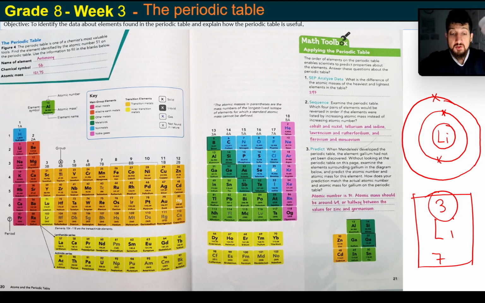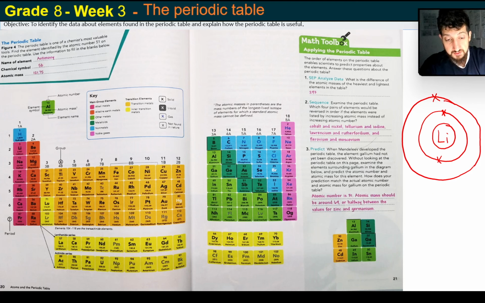If it's got 3 protons, then it's got 3 electrons, right? 3 protons, 3 electrons. If it's got 3 electrons, how are they arranged? It turns out they're arranged in such a way that there's always 2 on the inside and 1 on the outside. Only 1 on the outside.